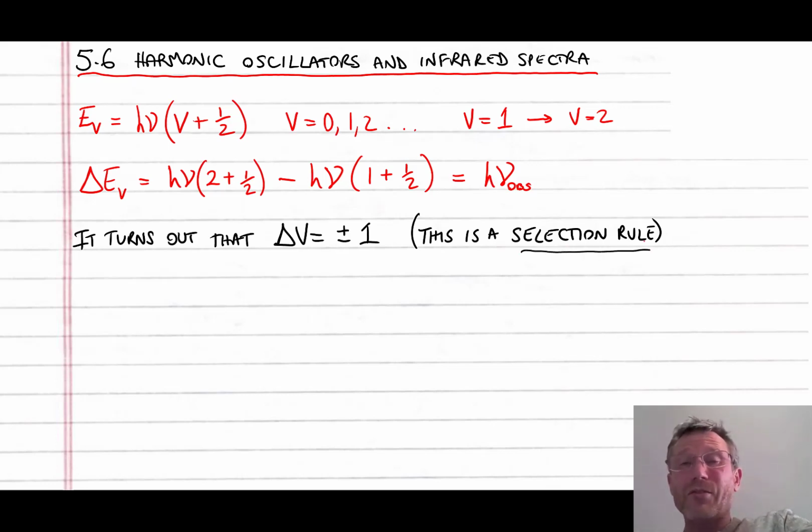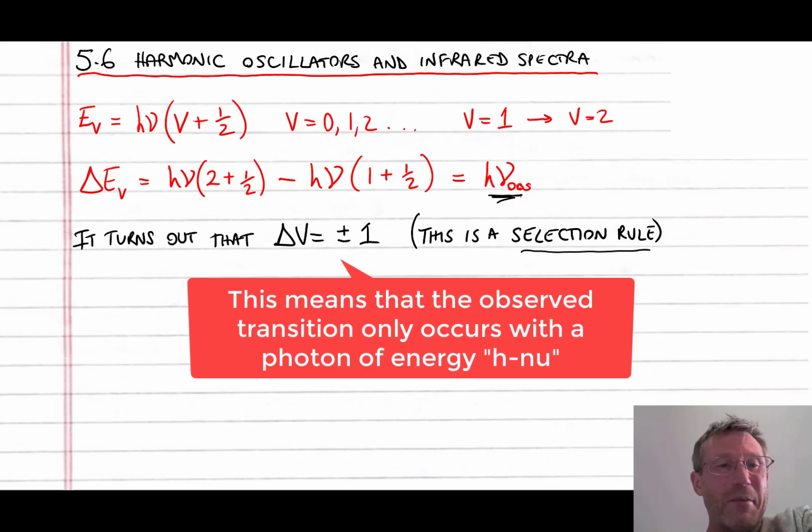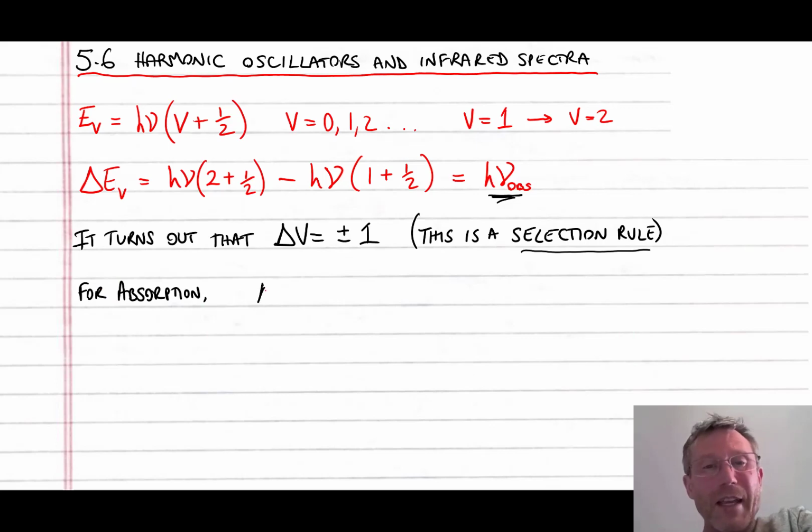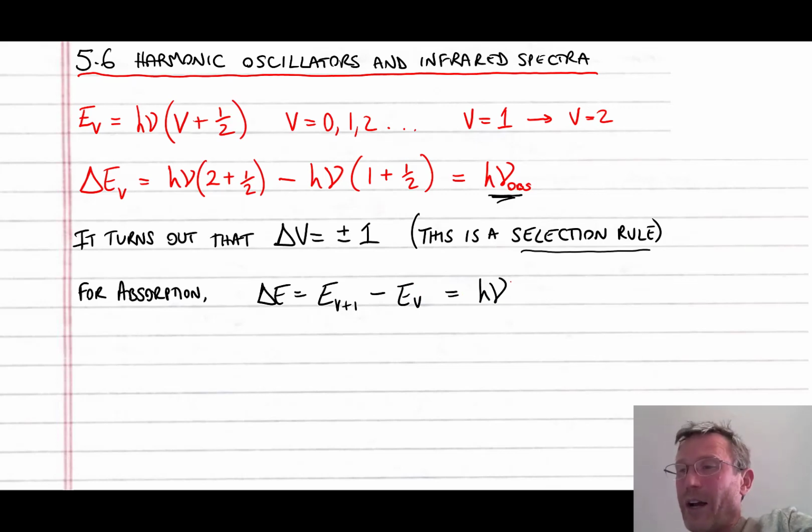We often get a lot of selection rules in spectroscopy, and that's why we really only see single h nu positions in our infrared spectroscopy. Another thing we can say therefore for absorption spectroscopy is that delta E is always equal to E V plus 1 minus E V, which equals h nu obs.